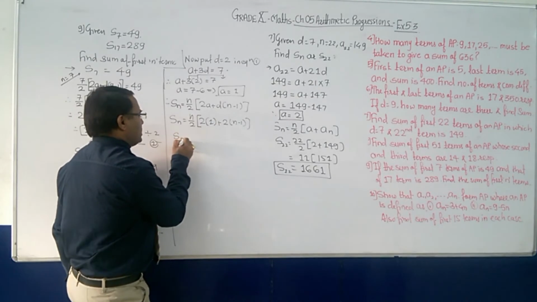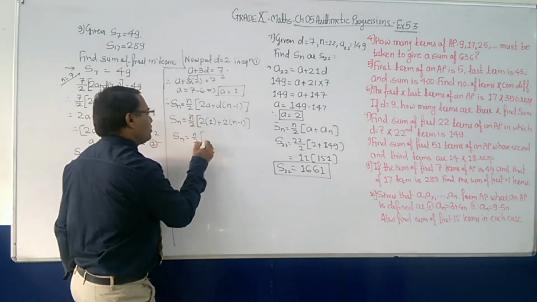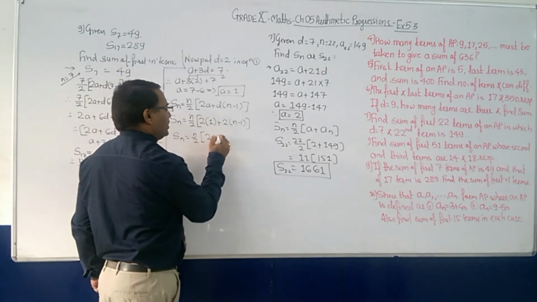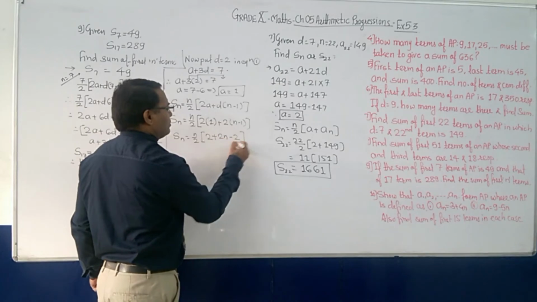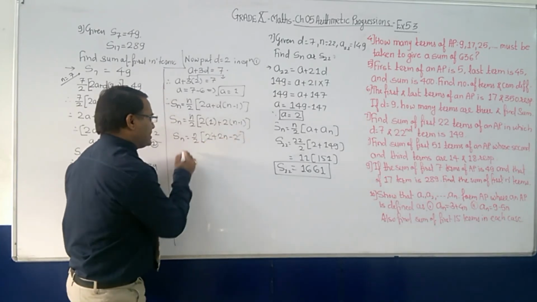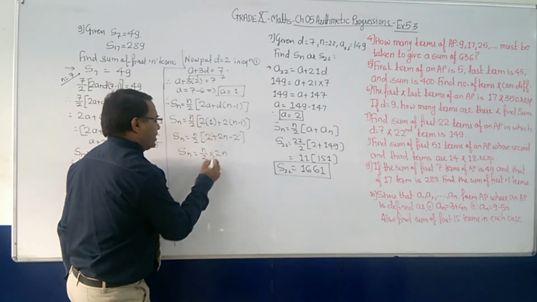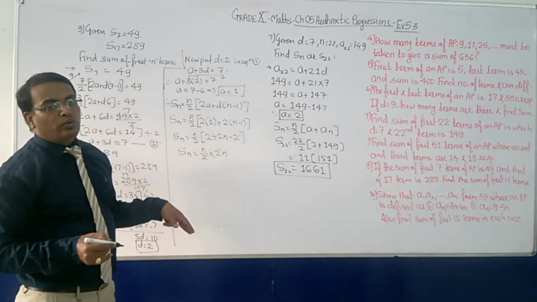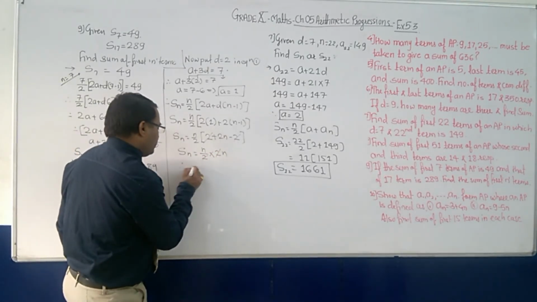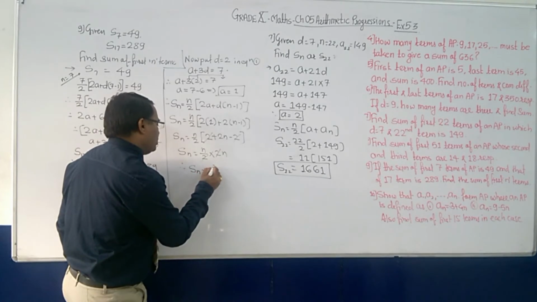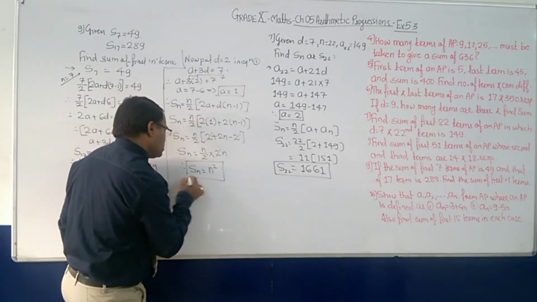In this way Sn is equal to n by 2, 2 ones are 2, then 2n minus 2. This and this will get cancelled, and then Sn is equal to n by 2 into 2n. 2 and 2 will get cancelled. Therefore Sn is equal to n into n, that is n square.